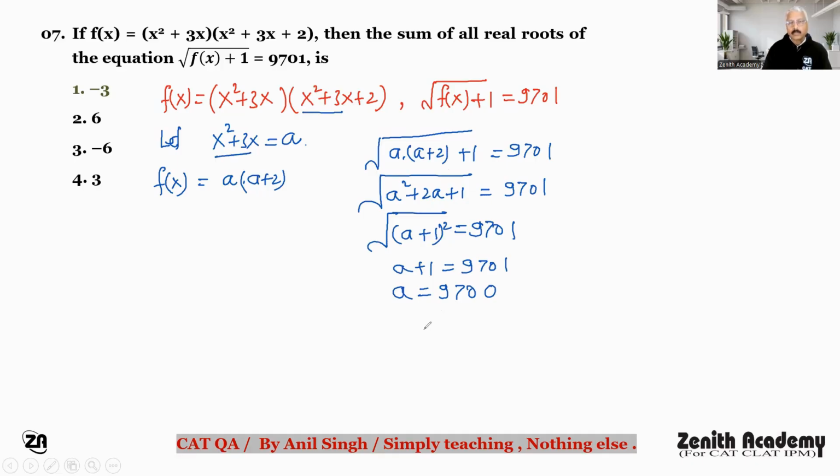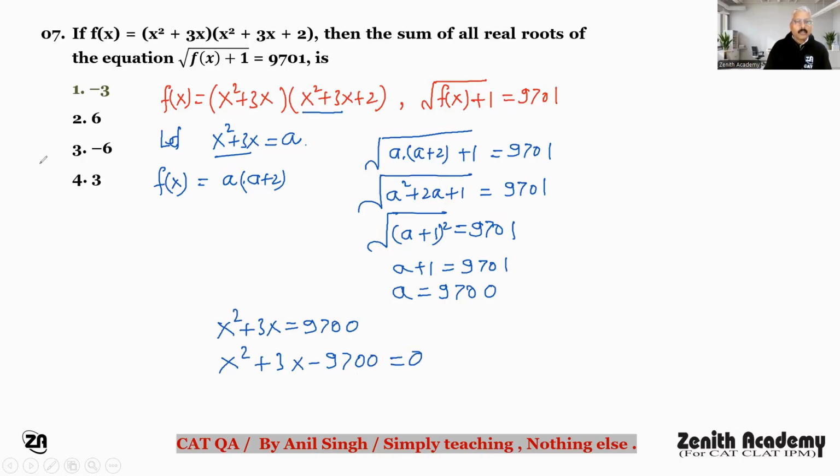A is x square plus 3x, so it is x square plus 3x equal to 9700. So this is x square plus 3x minus 9700 equal to 0.